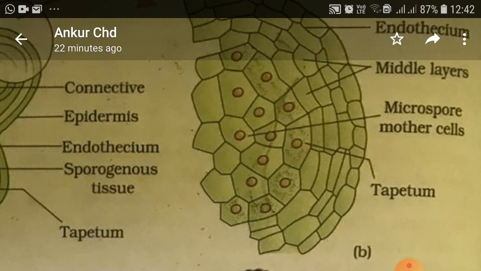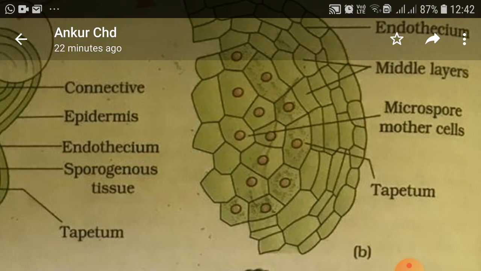microsporocytes. The separated microsporocytes then divide by meiosis and give rise to tetrads of haploid microspores, that is by the process of cytokinesis, right? So here occurs the reductional division which is required for the formation of the gametes, that is the meiosis.